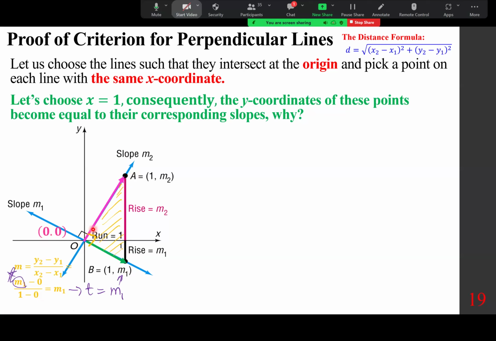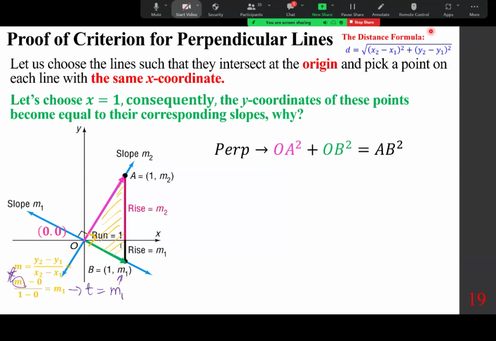So this one squared plus this one squared is this one squared. And the distance formula is the square root of x sub 2 minus x sub 1 quantity squared plus y sub 2 minus y sub 1 quantity squared. Because we are squaring it, we do not need the square root.